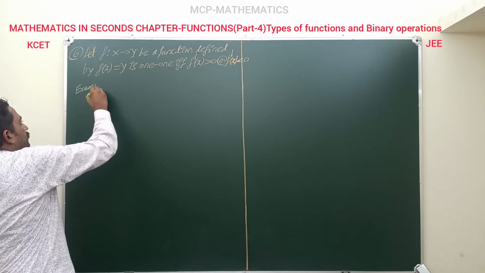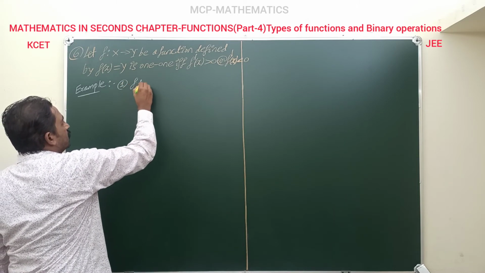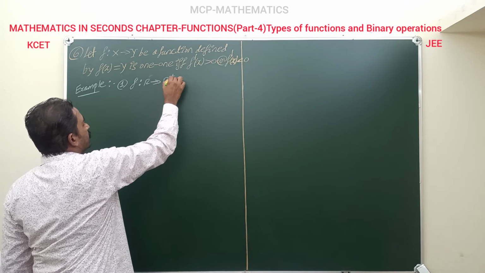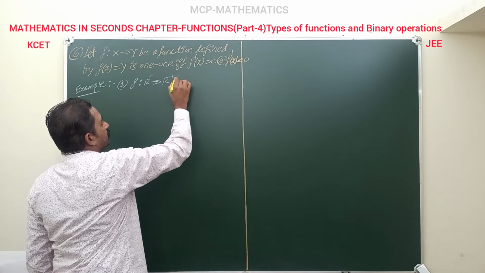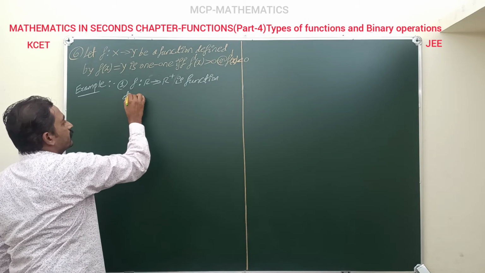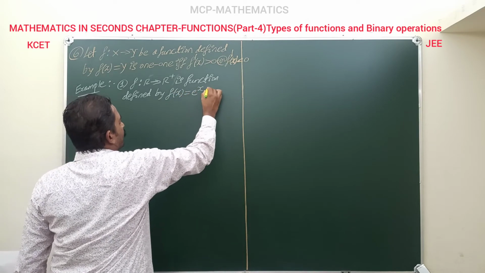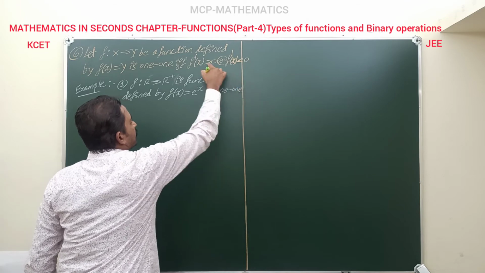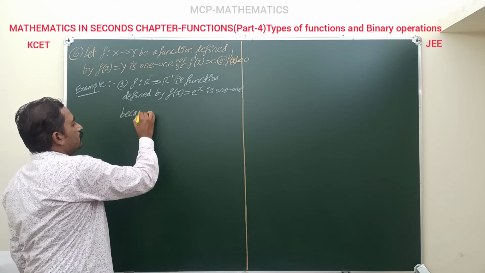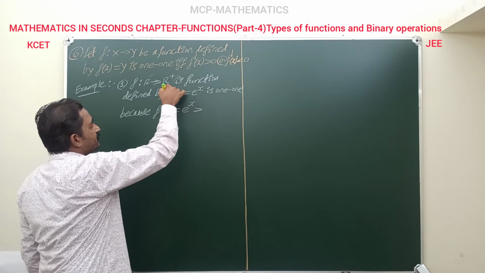We know exponential and log functions. So first one, f from R to R positive, is a function defined by f(x) = e^x, which is one-one, because using this condition directly we can write that it is one-one: f'(x) = e^x is always strictly greater than 0.